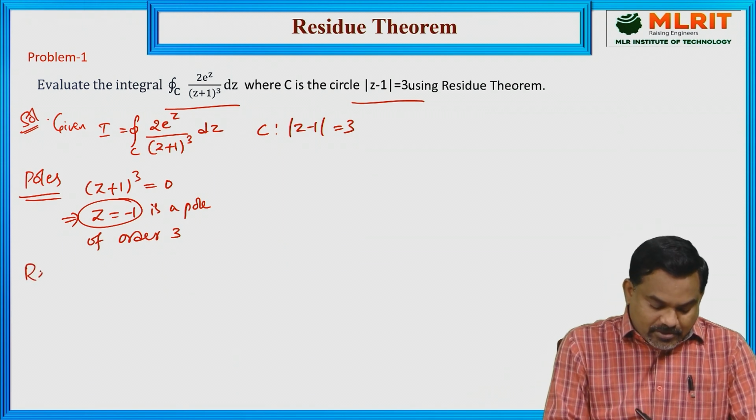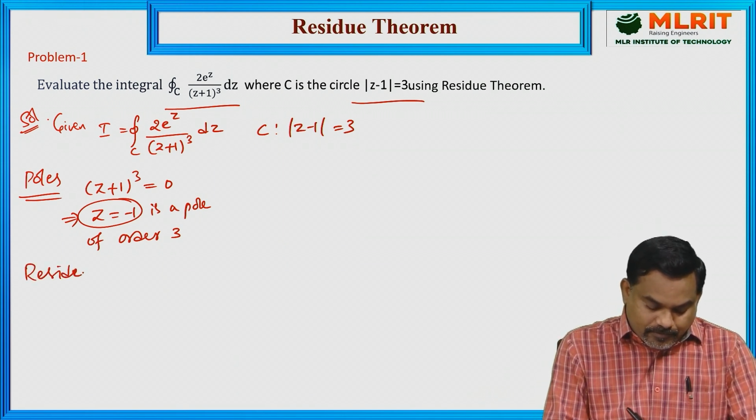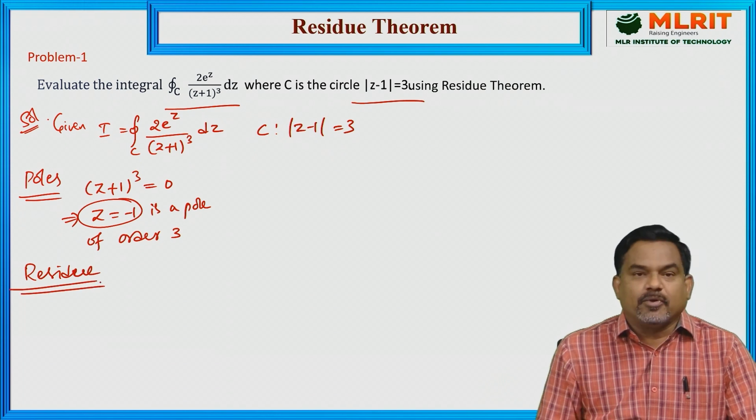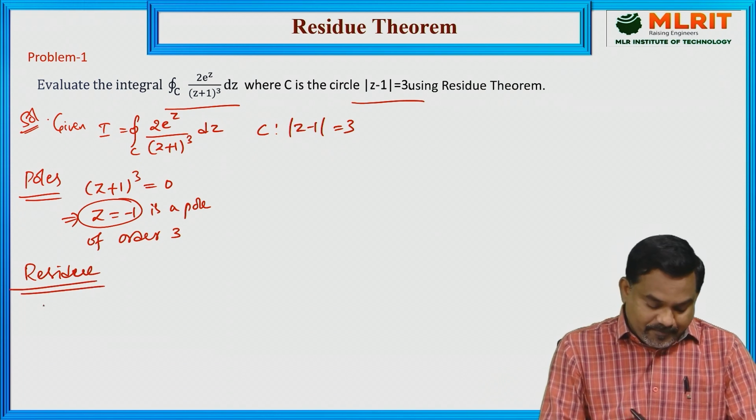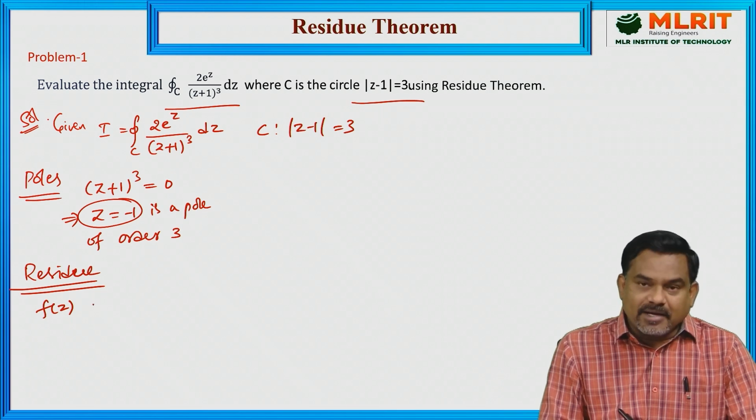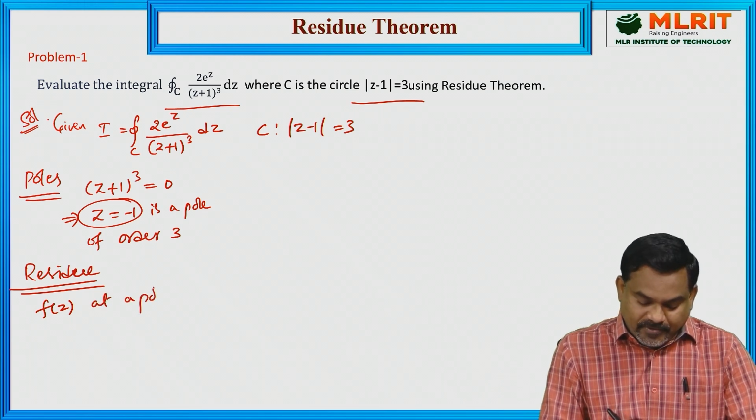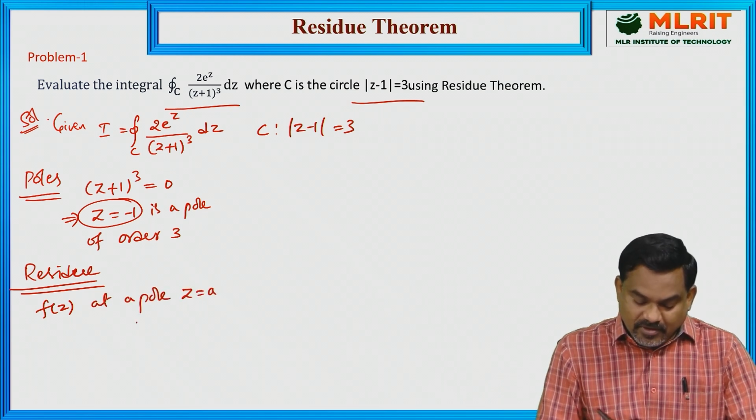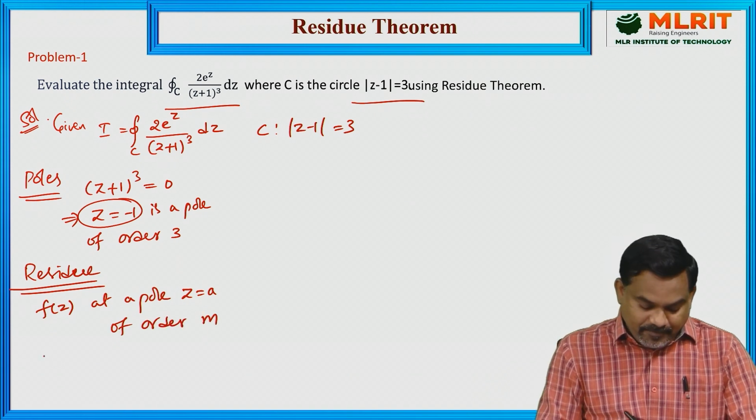The next step is to find the residue at this pole, and we have the formula to find the residue of a function f of z at a pole z equal to a of order m. What is the formula?